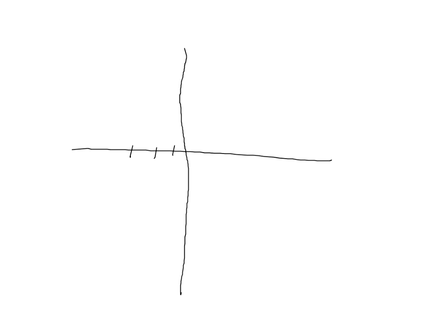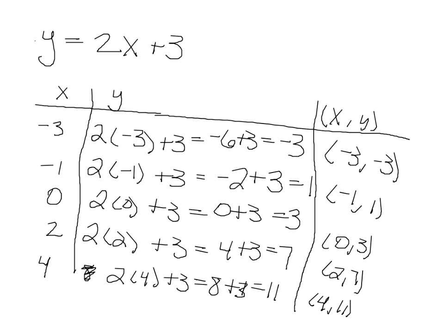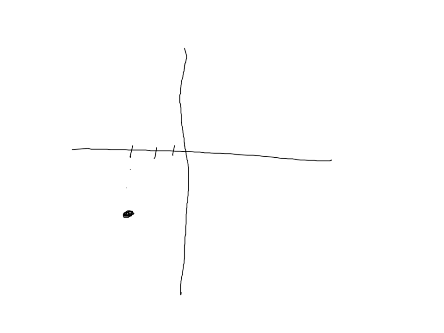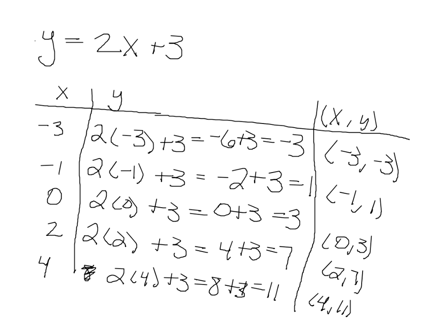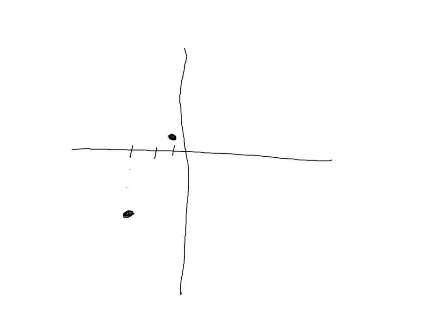And I'm going to go to an XY coordinate system, and I'm going to graph each one of those ordered pairs. So there's -3, -3. We get -1, 1. 0, 3, 2, 7.